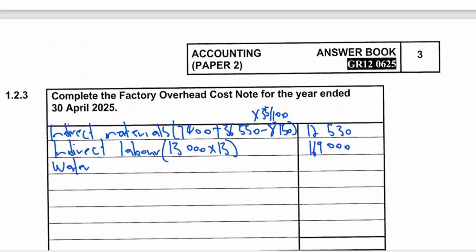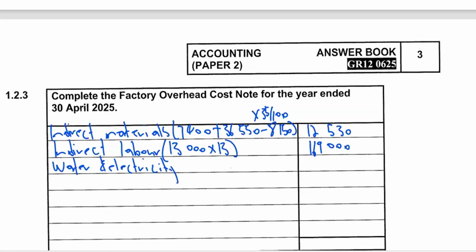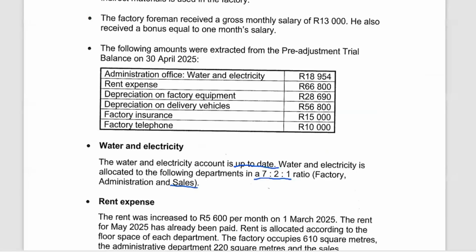So here we have water and electricity. So let's check how much is our amount for water and electricity. We have 18,954. And we are told that it should be distributed using the ratio 7:2:1.